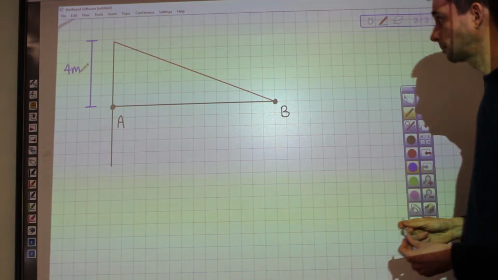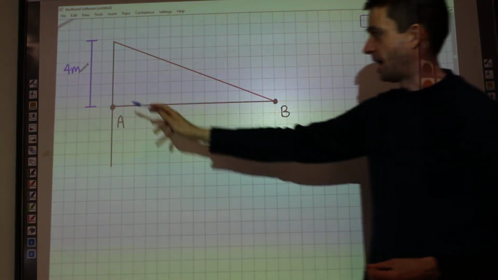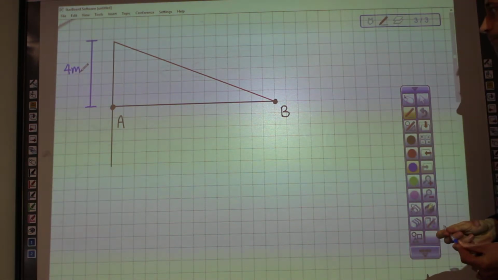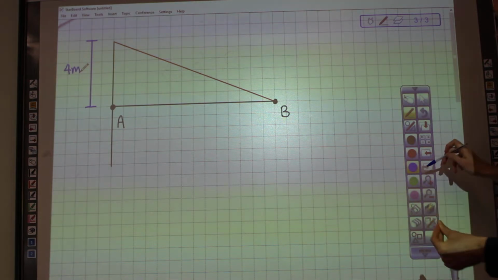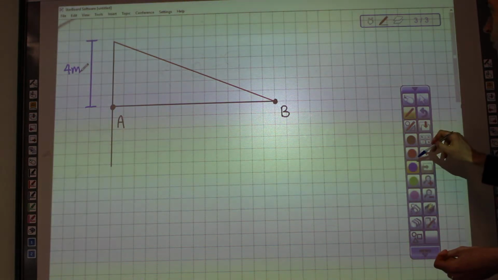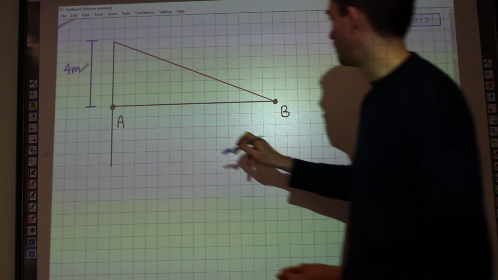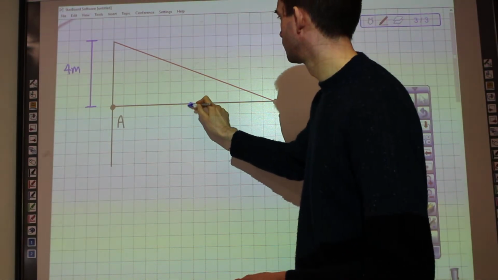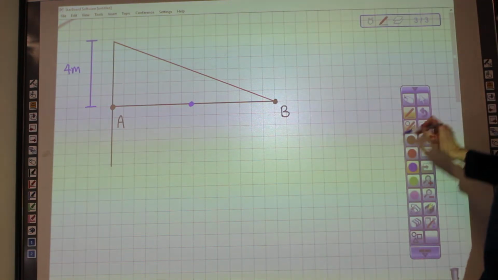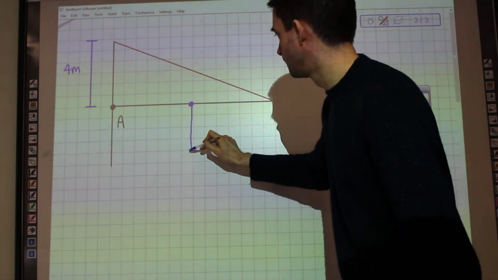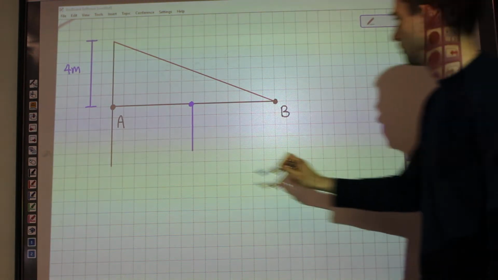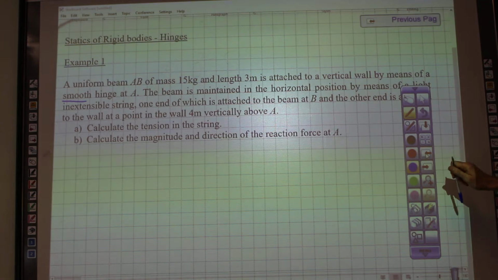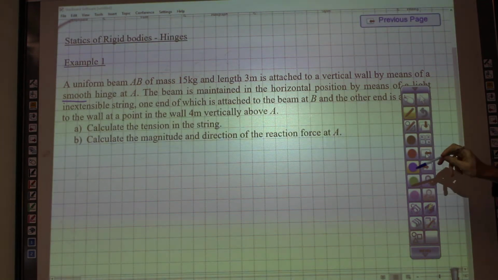And then what we have at A is a smooth hinge, but I'll deal with that in a minute. Now, we were told that the plank is uniform, so we can say that its weight acts at the centre. I believe, if memory serves, that the mass was 15 kilograms and 3 meters. There we go, just so I didn't get that wrong.